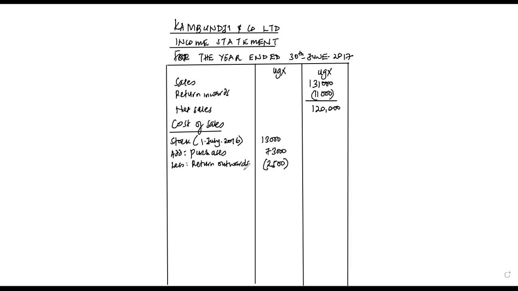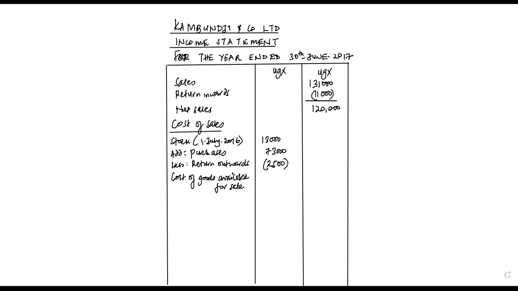We don't have carriage inwards, but of course, if we have carriage inwards, we have to add that, but we don't have. So the figure we get is what we call the cost of goods available for sale.